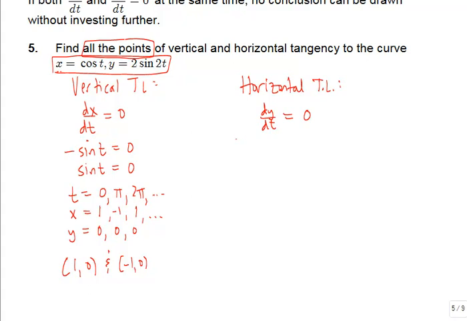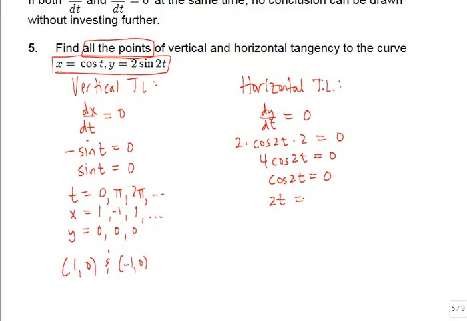So that's going to be 2 times the derivative of sine becomes cosine 2t times the derivative of 2t, which is another 2. So this is the same as 4 cosine 2t equal to 0. If I divide through by 4, 0 divided by 4 stays 0. So we're trying to figure out when this angle 2t is going to cause the cosine to become 0.